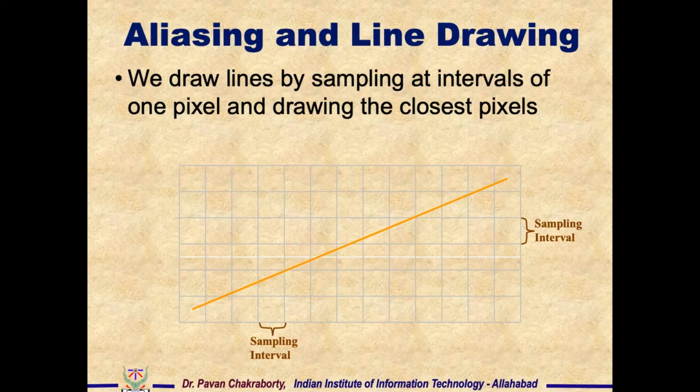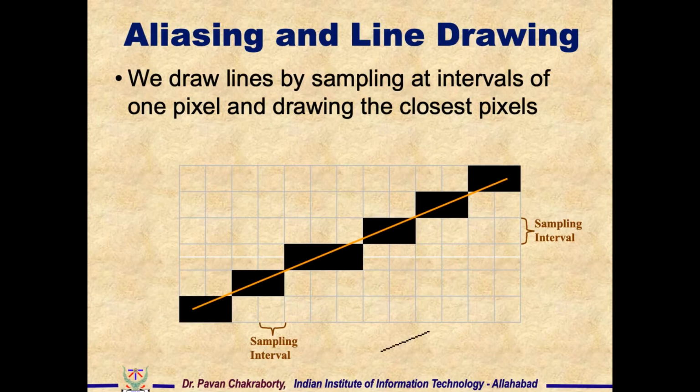Here I have a line and my sampling interval is shown in the square boxes. The square boxes are my pixels. If I have a line here, the line will look something like this. The line below shows it smaller. So here it does not matter much. It looks like a straight line. But when we enlarge it, it certainly doesn't look like a straight line. What you see is something like a staircase.